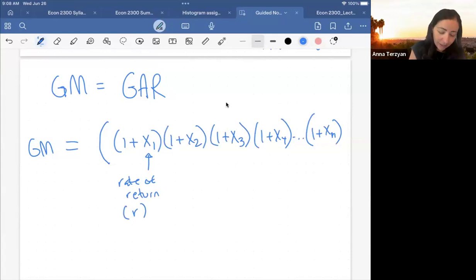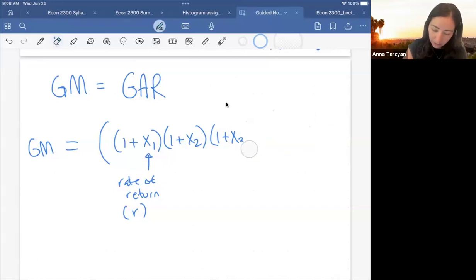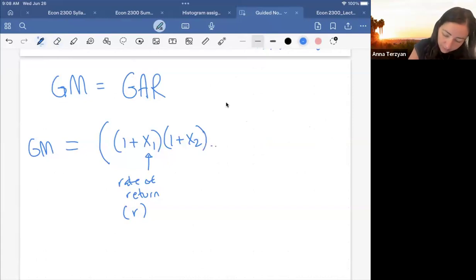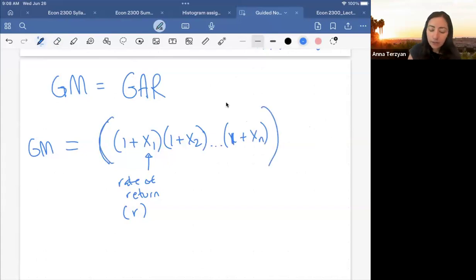And you would take the, I didn't leave myself enough space. Okay, so then you take this and you're going to raise it to the 1 over n.